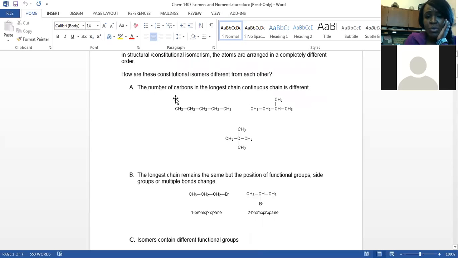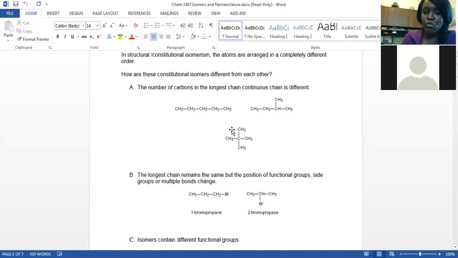In your first example here, you're given constitutional isomers. When you look at what they're made up of, they essentially have 5 carbons, and with the 5 carbons, you have 12 hydrogens.